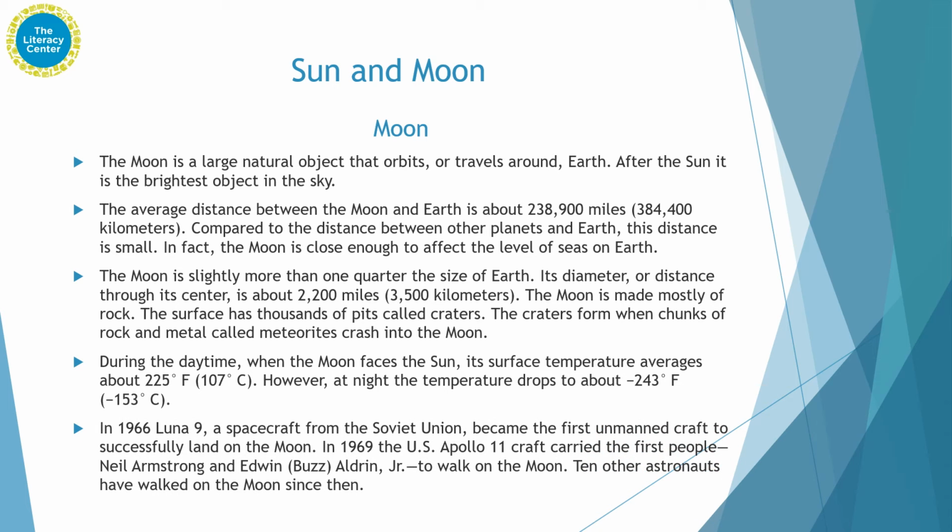In 1966, Luna 9, a spacecraft from the Soviet Union, became the first unmanned craft to successfully land on the Moon. In 1969, the US Apollo 11 craft carried the first people, Neil Armstrong and Edwin Buzz Aldrin Jr., to walk on the Moon. 10 other astronauts have walked on the Moon since then.